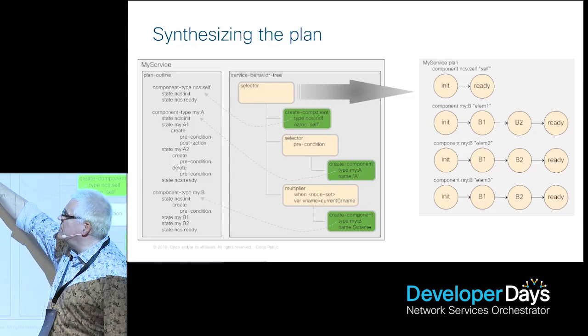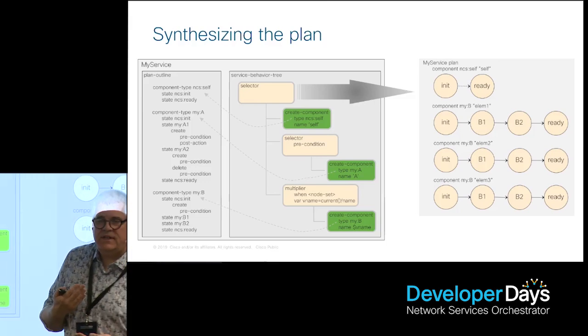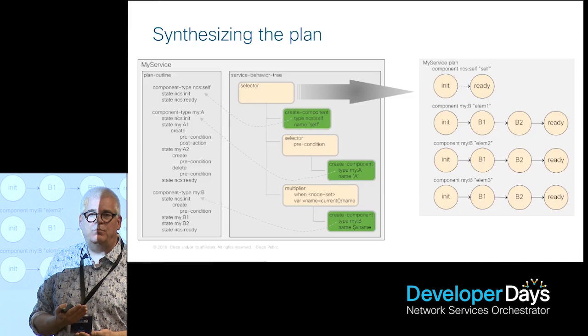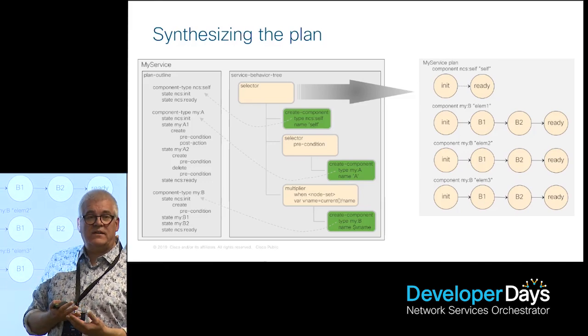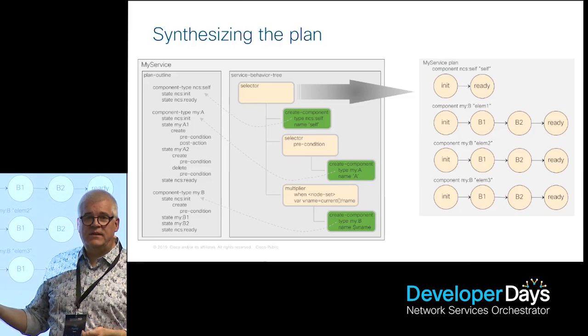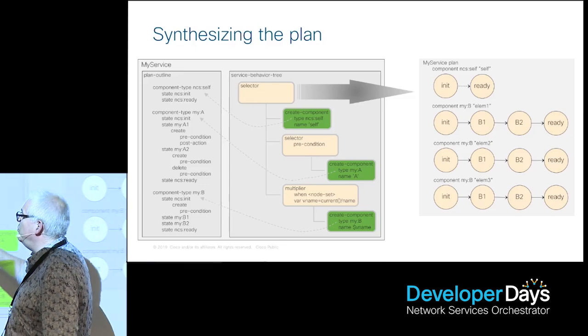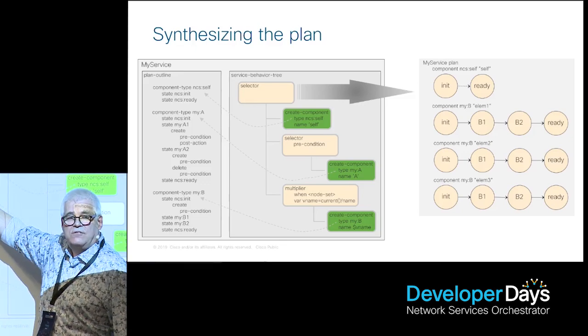And the plan outline, that is like the class. I don't necessarily need to have all these component types in my plan. Or I might need to have more than one of a certain type in my plan. This is just the scope of the components that I need. The only thing I'm sure of, I need a self and only one.